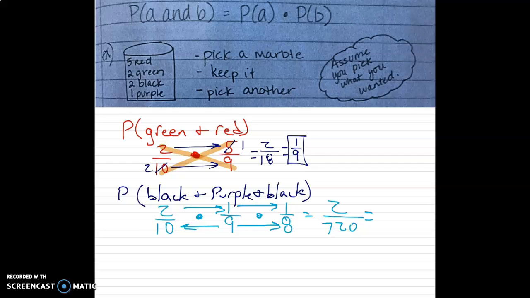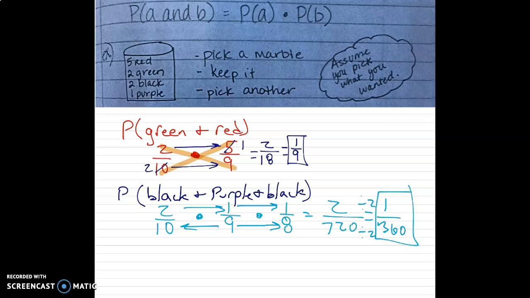So 720 is an even number. 2 is obviously an even number. They're both divisible by 2. So we will divide them both by 2. Half of 720 is 360. So there's a 1 in 360 chance of pulling a black one, then a purple one, then a black one. Not very good odds.